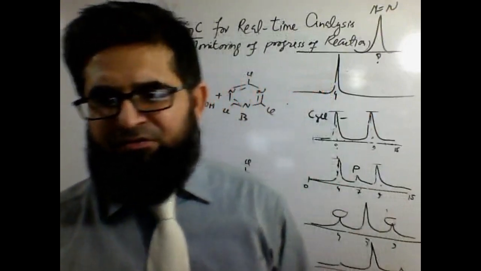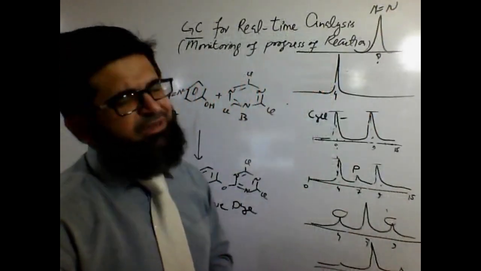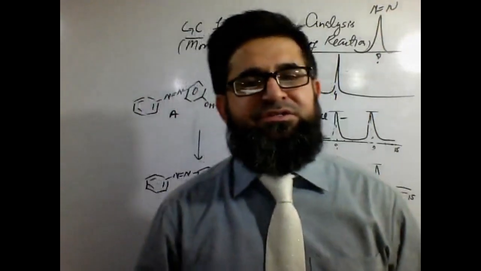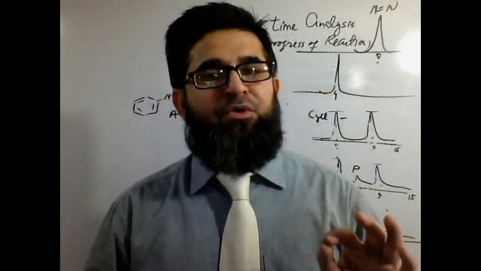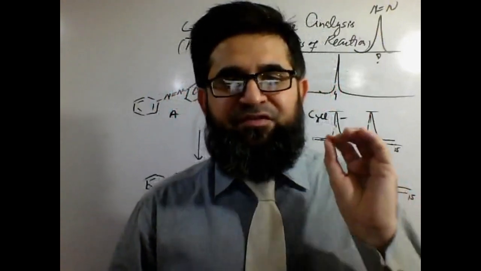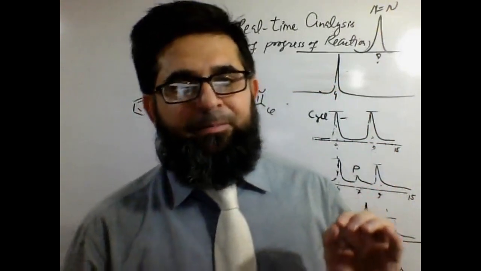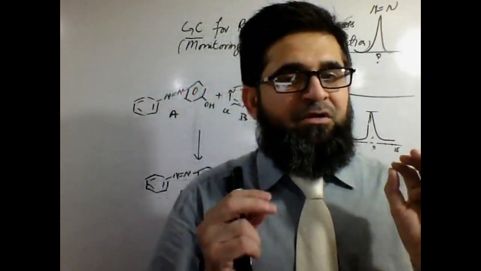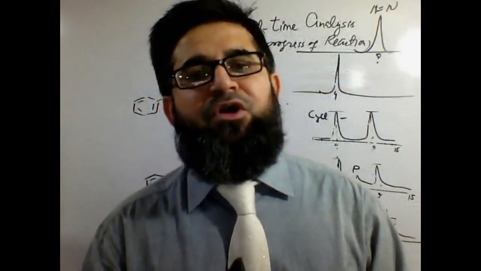Here I would like to suggest one thing, that all reactions cannot be monitored by GC, because GC's columns are very sensitive. They get contaminated by those molecules which are non-volatile in nature.